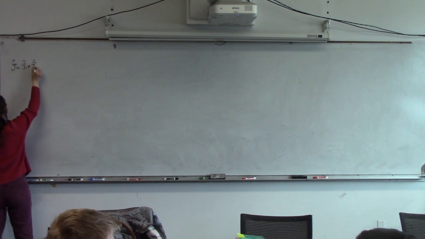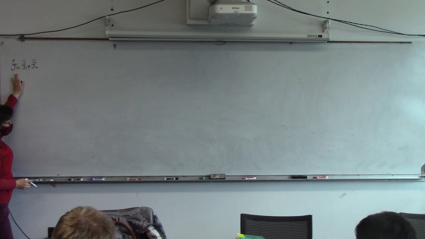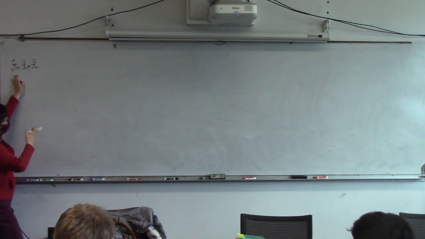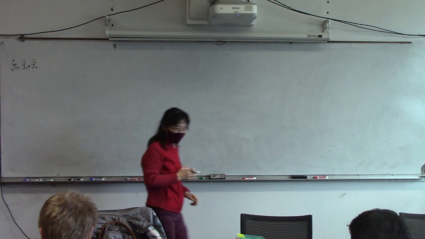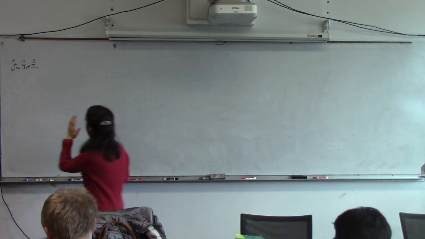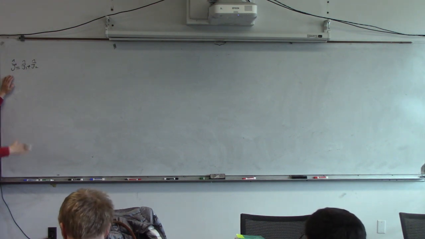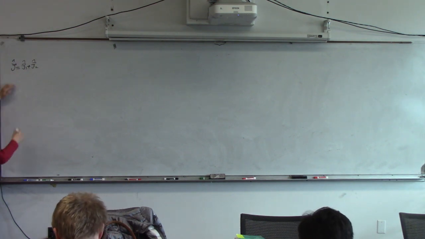We have addition of angular momentum. We already worked on double-checking that it is angular momentum, and it follows the commutation relations of angular momentum. We also found how to express this in terms of J1, J2, or J1 squared.